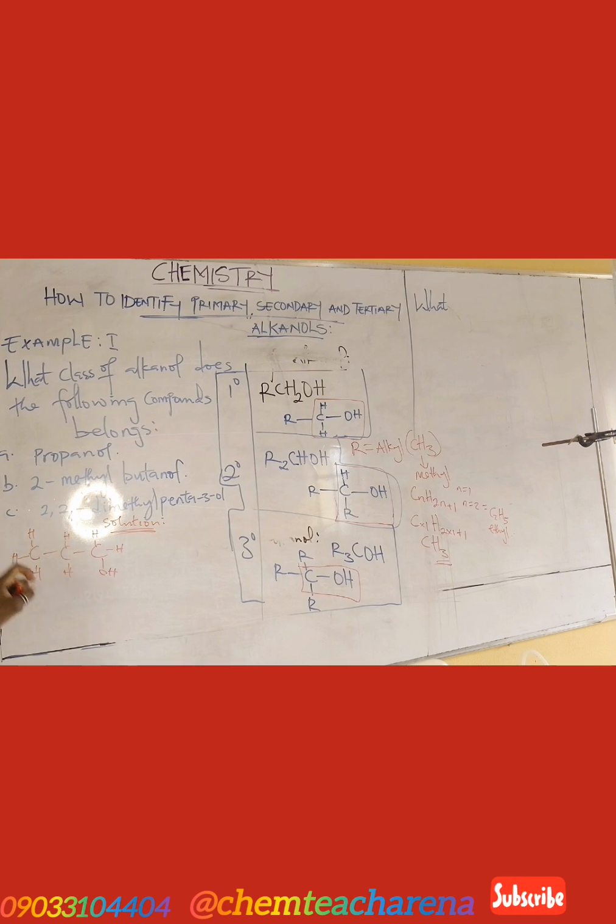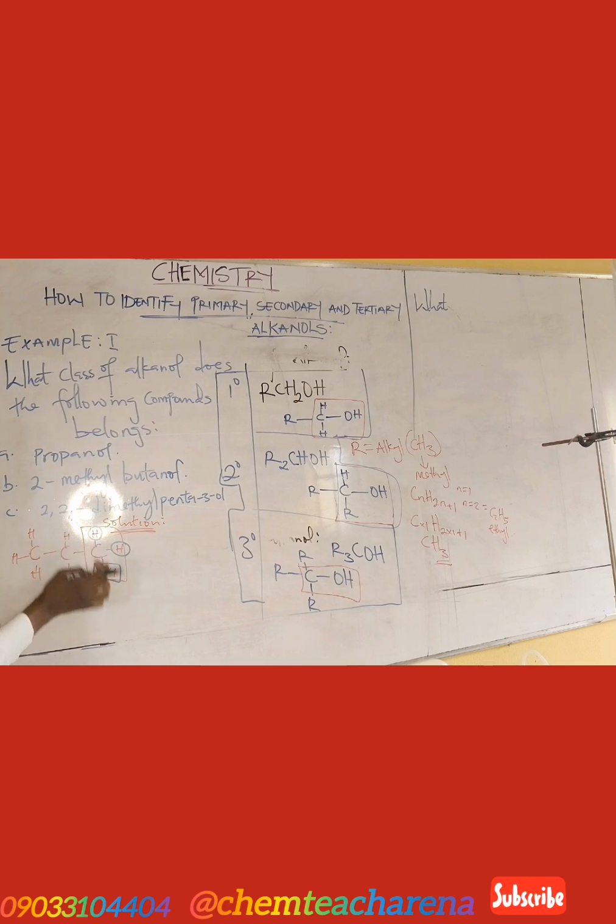So what class of alkanol does this particular one belong to? Like I told you before, look at the carbon bearing the hydroxyl: how many hydrogens does it have? This is the hydroxyl group.